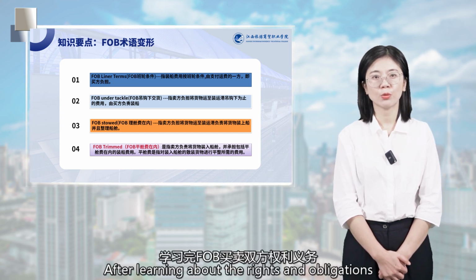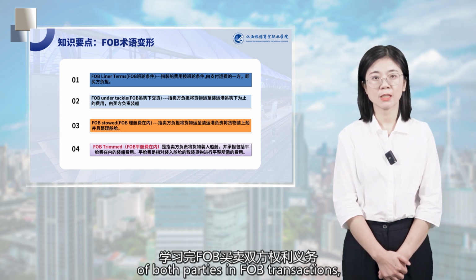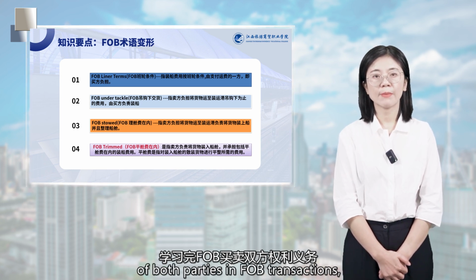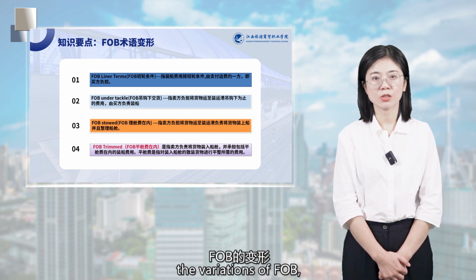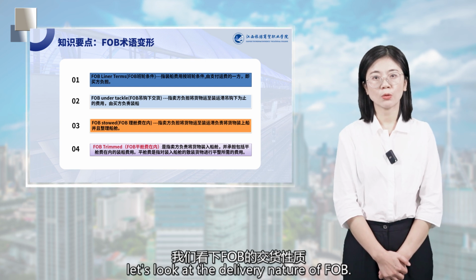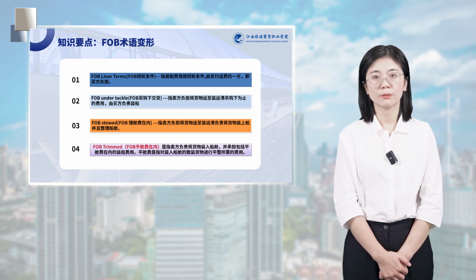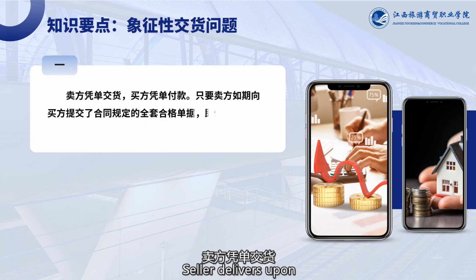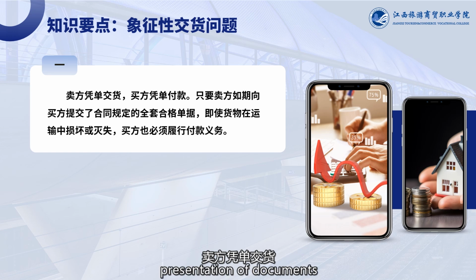After learning about the rights and obligations of both parties in FOB transactions and the variations of FOB, let's look at the delivery nature of FOB. Seller delivers upon presentation of documents. Buyer pays upon presentation of documents.